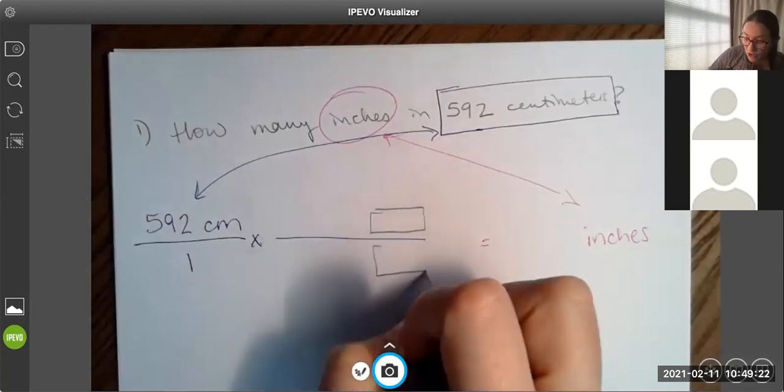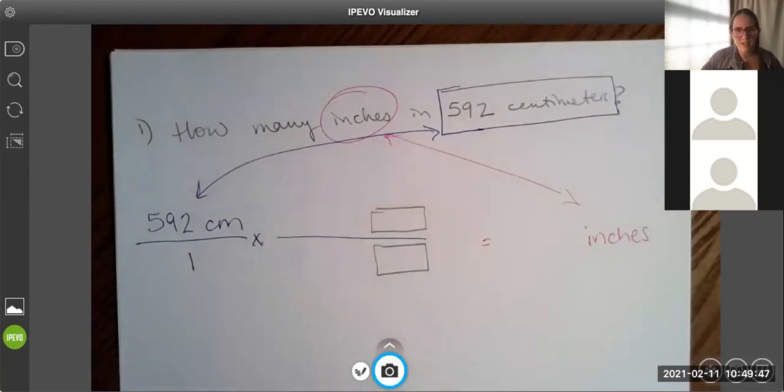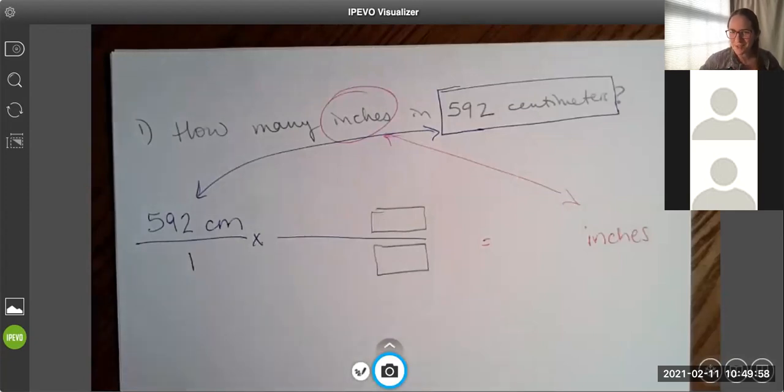What unit are we trying to find, and what unit are we trying to cancel out? We're trying to find the inches against the centimeters, right? Exactly. Trying to find the inches and cancel out the centimeters. Which unit do we put in each box?